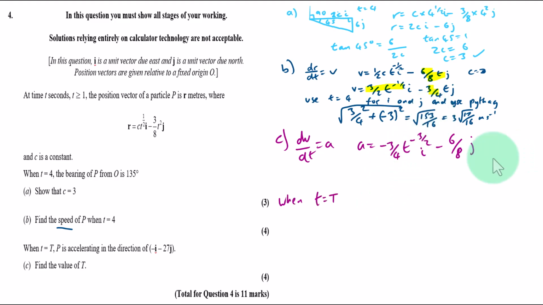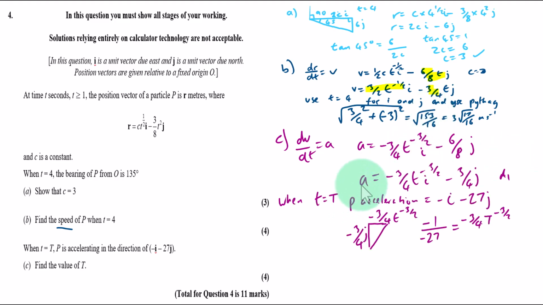So when t equals T, P's acceleration equals, and I've rewritten my acceleration here. That gets you your acceleration answer mark, that's our acceleration, and that's our answer mark.